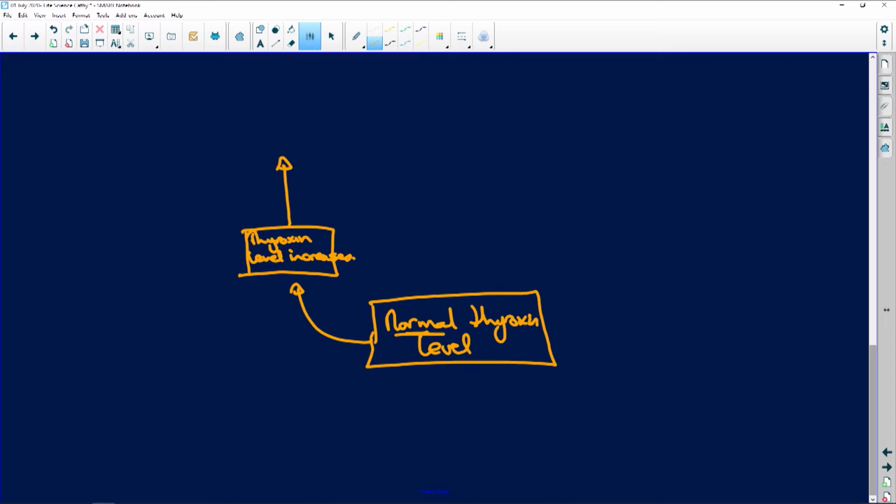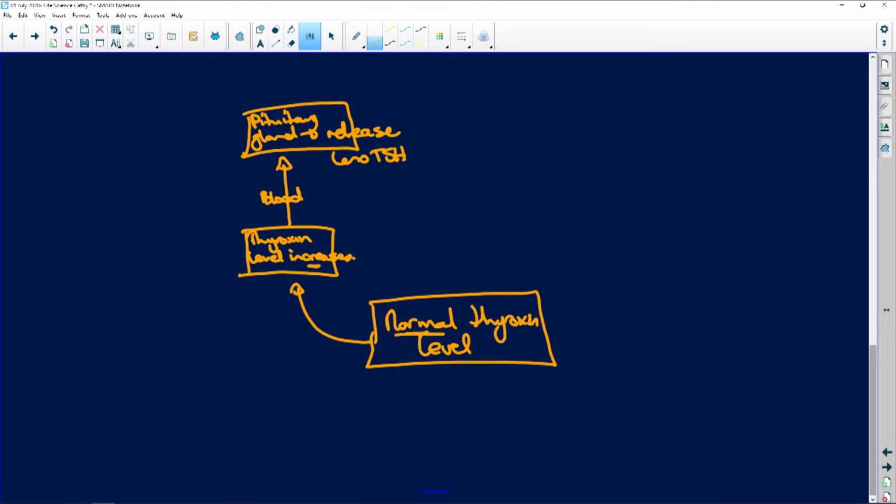And remember, the thyroxine is in the blood. And when that level increases in the blood, it's going to get to the pituitary gland. And when it's at the pituitary gland, it tells the pituitary gland, hold on, and it will then release, I should have made my block bigger, release less thyroid stimulating hormone.